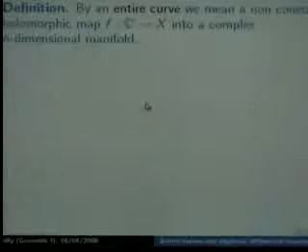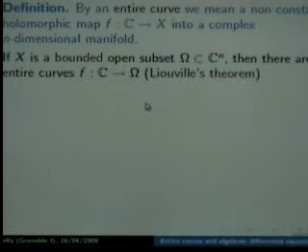We are considering entire curves. So an entire curve will mean a non-constant holomorphic map from the whole complex line C into a complex n-dimensional manifold X. We are, of course, interested in the existence of such maps.